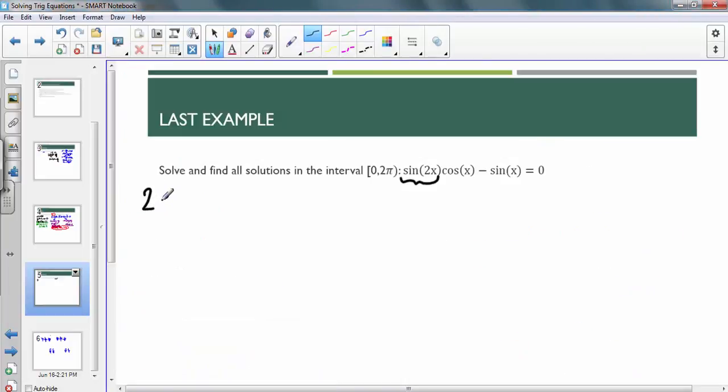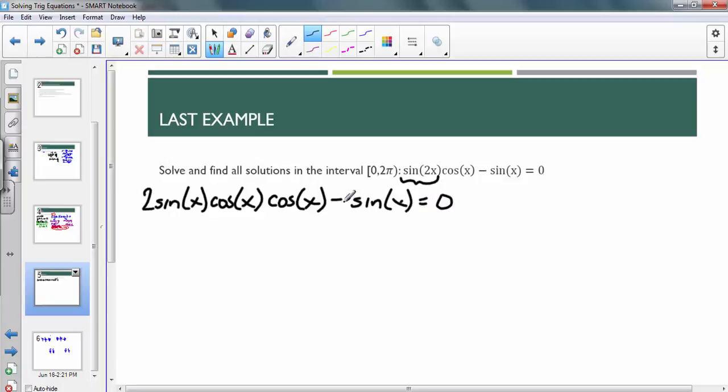So I have 2 sine of x cosine x, and then that was times cosine of x, minus sine of x. All right, now if I have cosine of x times cosine of x, that gives me cosine squared x.